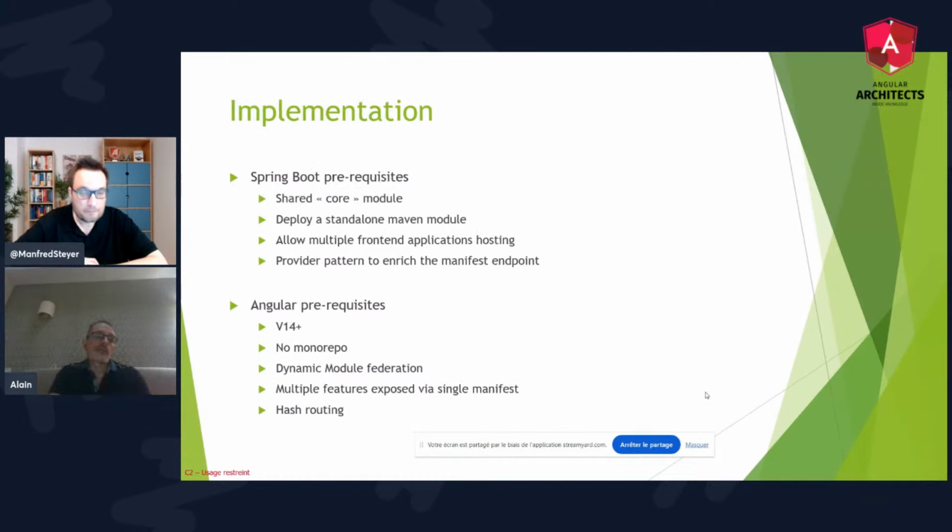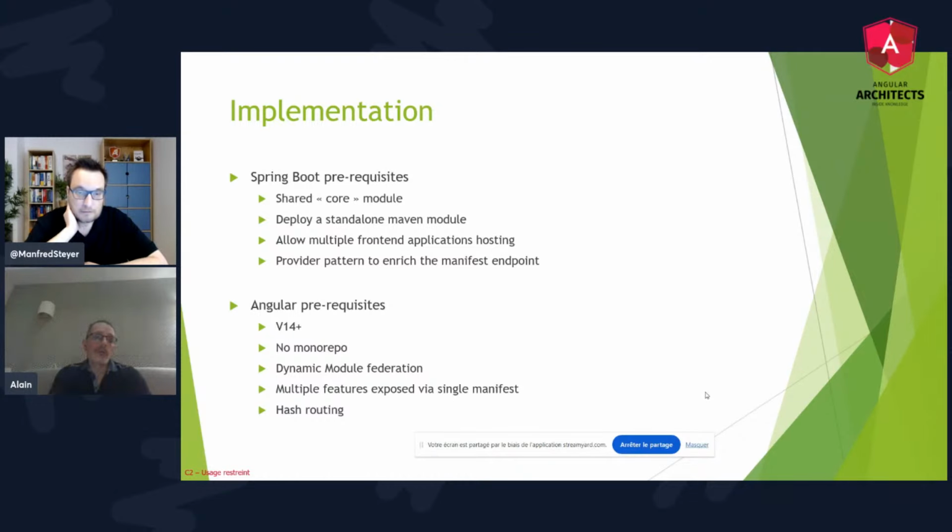The implementation. Okay, so we had a few prerequisites in the Spring Boot. We have a core module, a Maven module that will be shared and known by the library and the application. We will deploy a standalone Maven module, and I will show you quickly how it looks.